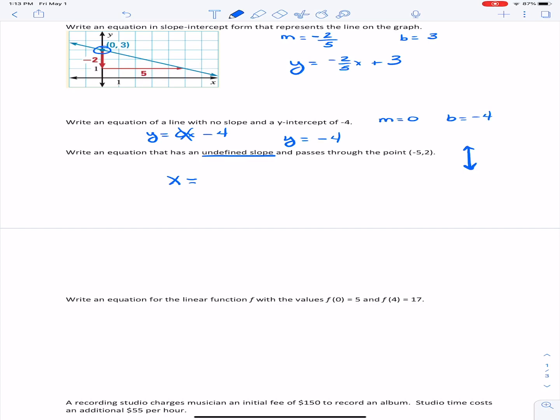So in this case, we know that x equals -5. So our equation is x equals -5. And yes, I do understand that this does not look like the slope-intercept form, but it is the equation for this line.